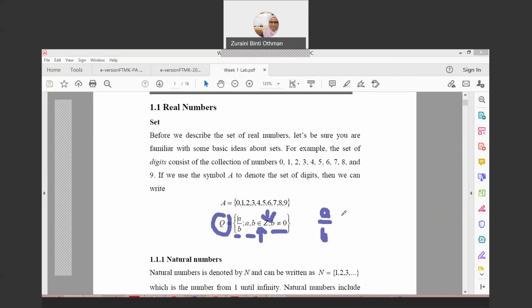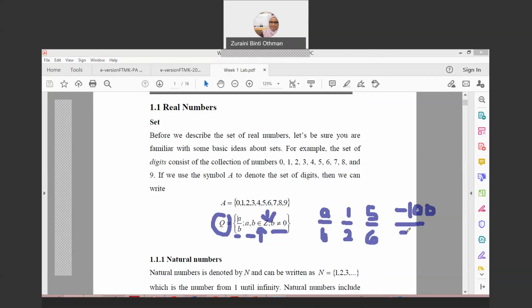Maksudnya dia sama juga dengan 1/2 sebab 1 dan 2 ni element of Z, integer. Atau kita boleh kata 5/6. Atau kita boleh kata juga negatif 100, kan integer boleh negatif, betul?